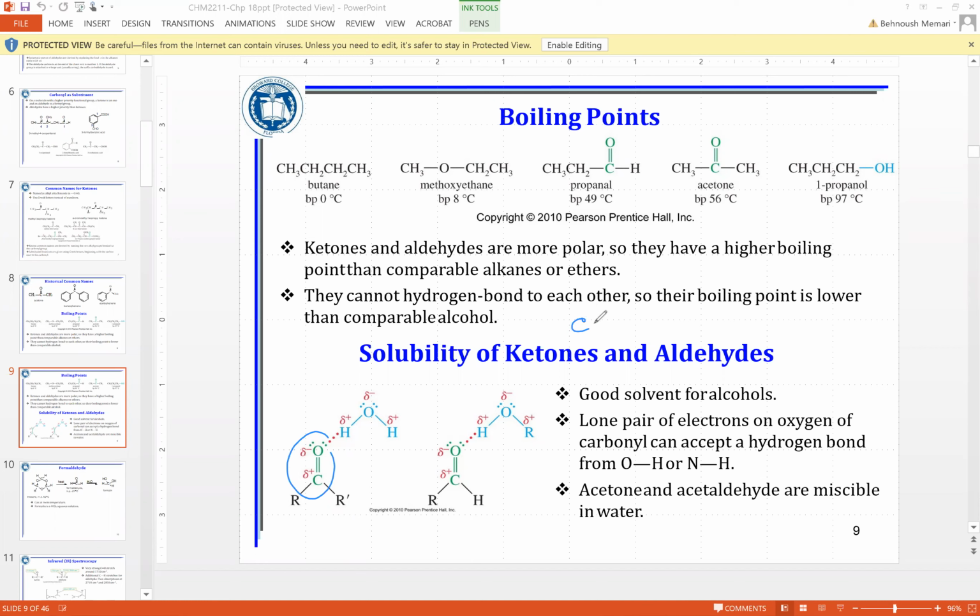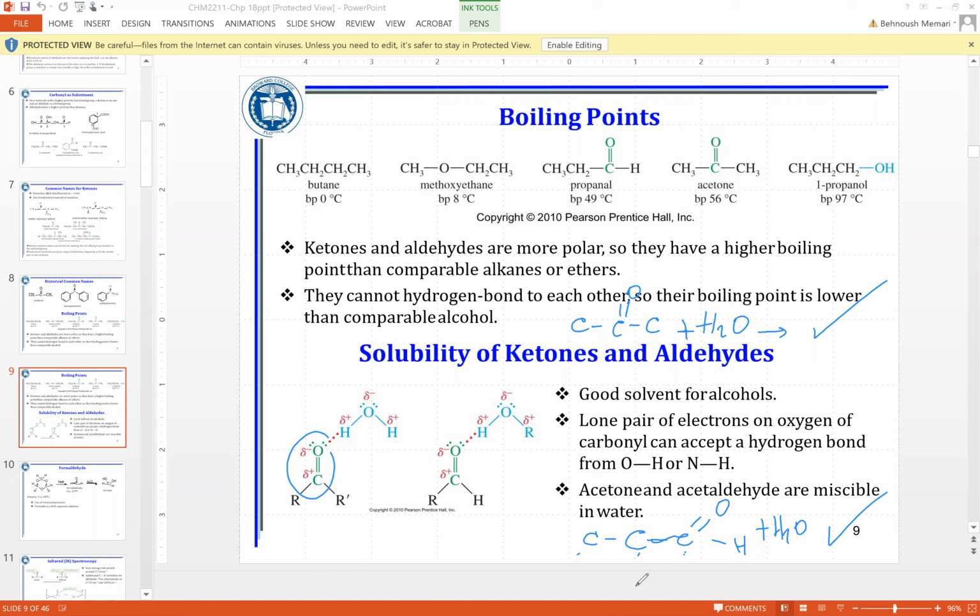So if you have acetone in water, it would dissolve. Acetone in water, yes, dissolves. Acetaldehyde or propanol in water is going to dissolve because you only have 3 carbons.